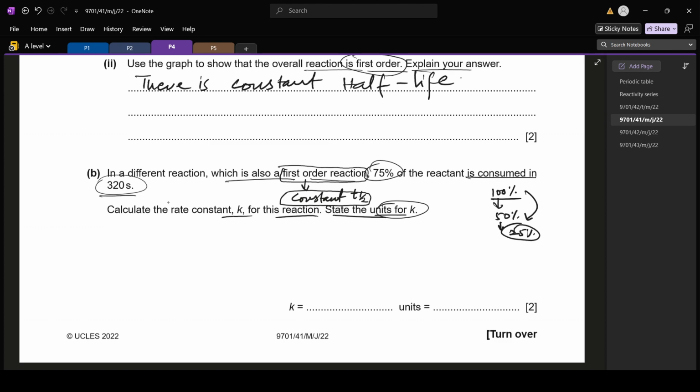The question tells you that 75% of the reactant is consumed in 320 seconds. So in two half-lives of the first order reaction, 75% of the reactant is consumed. What is going to be the half-life?